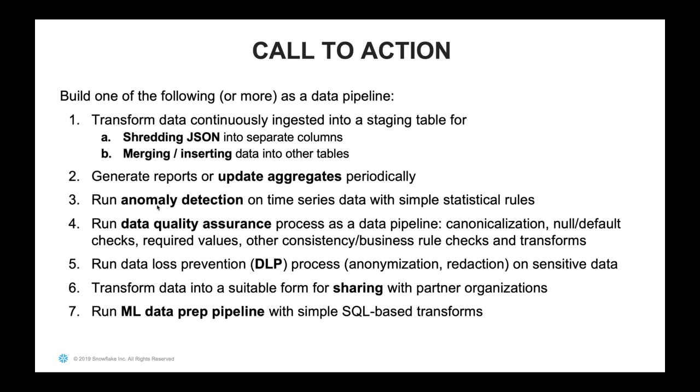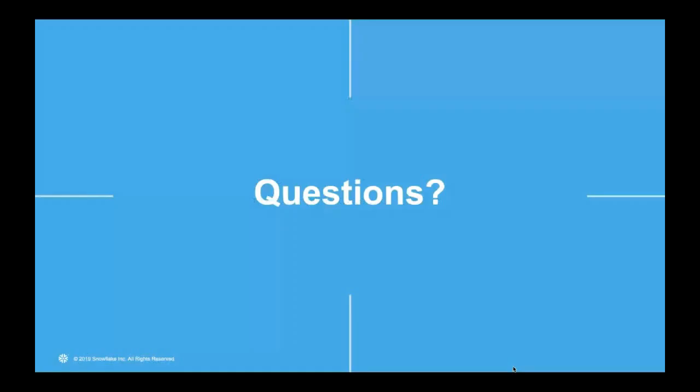You can use tasks and streams to continuously transform data and have it in a shape which is shareable to your external organizations. And then last but not least, think about preparing data for ML purposes, because your machine learning algorithms are only as good as the amount of data you have and how accurate that is. With that, I've come to the end of my presentation, and I will open it up to your questions.